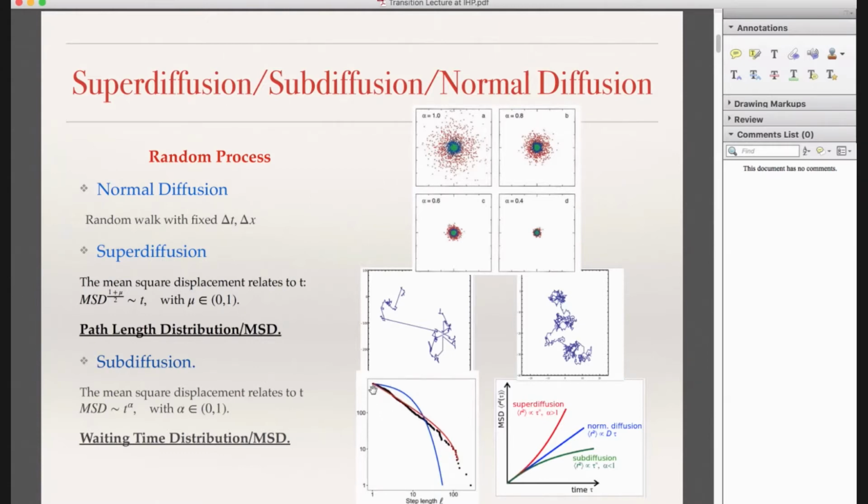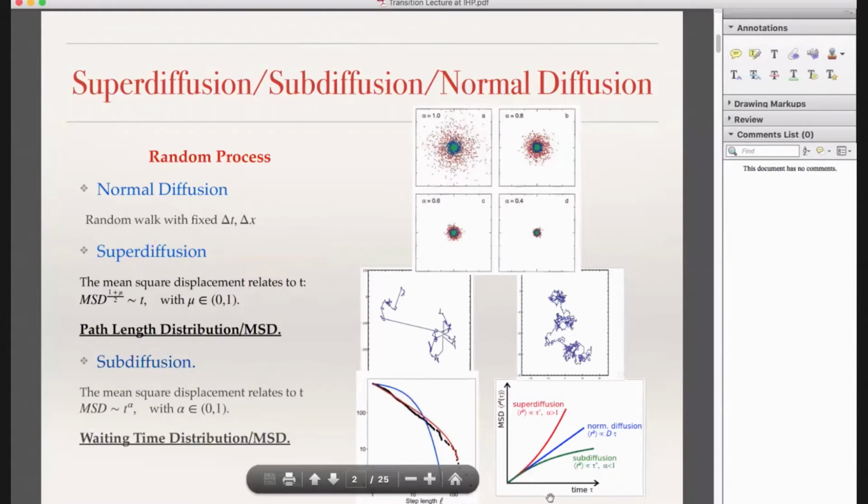For subdiffusion, in a log plot there will be a linear part in this distribution. Well, for normal diffusion, it will drop directly.